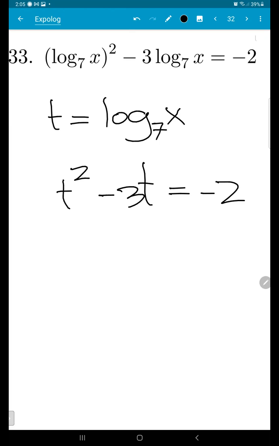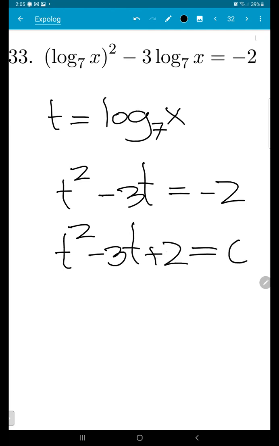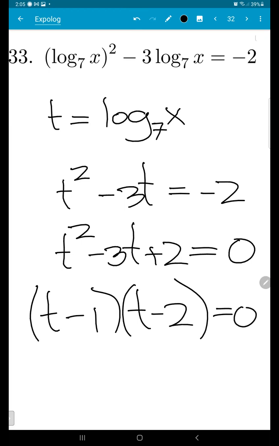And so we just see it as a quadratic equation. We do not see the logarithm there in this one. So we solve this first. We know how to do that, and this is factorable, giving us two possible values, 1 and 2 for t.